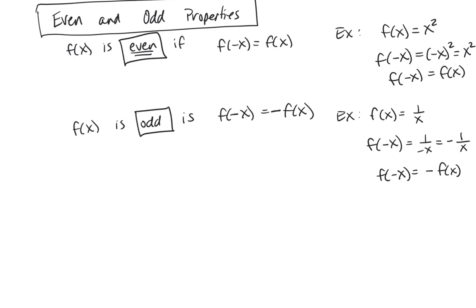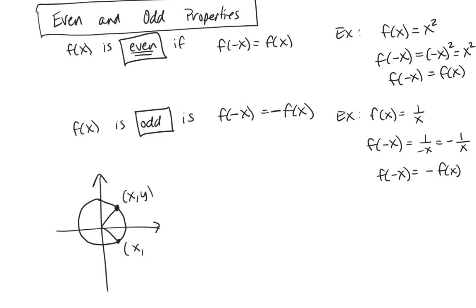So let's look at these in terms of trig functions. If we look at some angle, and we have a point x, y, we have another point with that same reference angle where we have a positive x, negative y. And x has to do with the cosine of that angle.